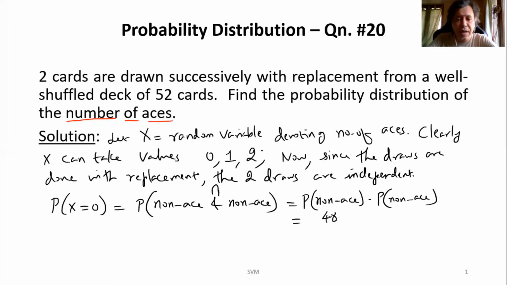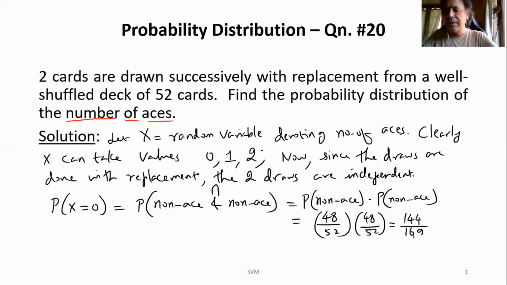So this will be 48 by 52 times 48 by 52, which gives 144 by 169.